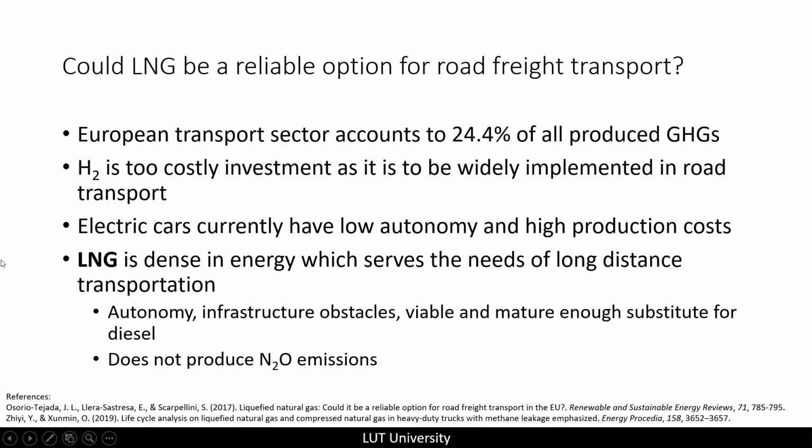As it is for now, hydrogen is too costly to be implemented, not only in road transport of freight, but also individual use. It's only at, dare I say, concept level.